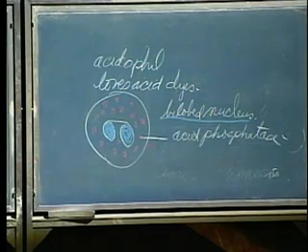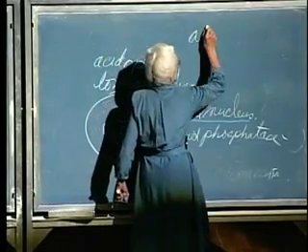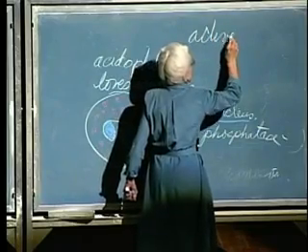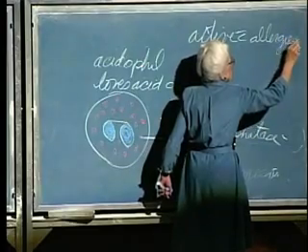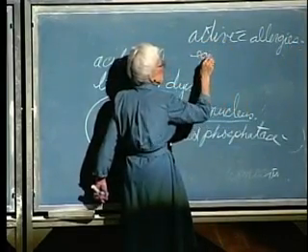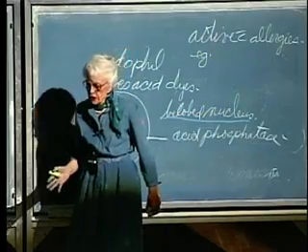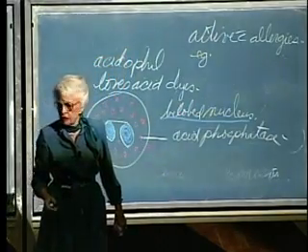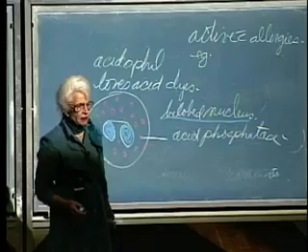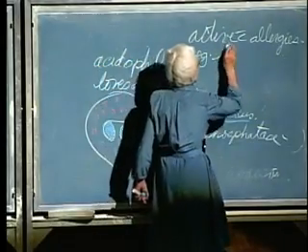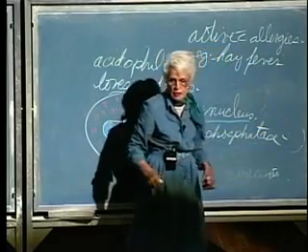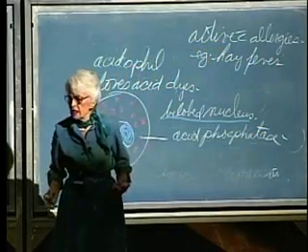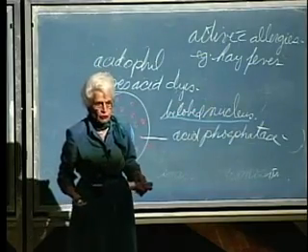These cells become active with allergies. Examples of allergies: hay fever. How many have hay fever in the spring season? Not too many, just a few. Hay fever. And also they become prevalent with asthma. How many have asthma? A few more.